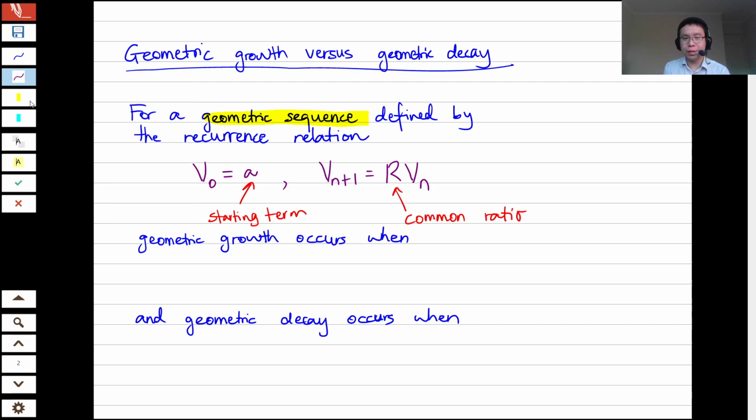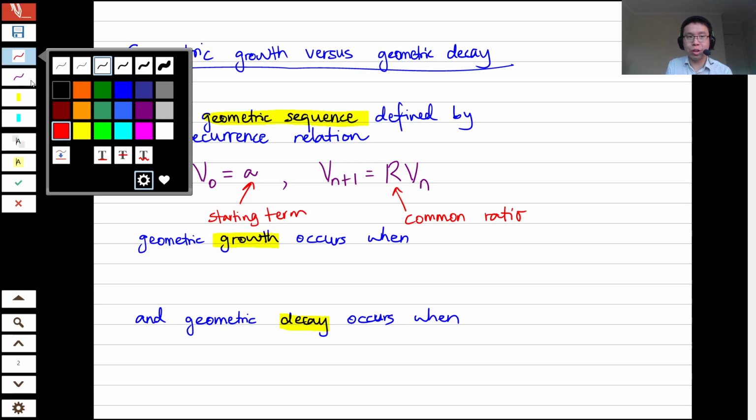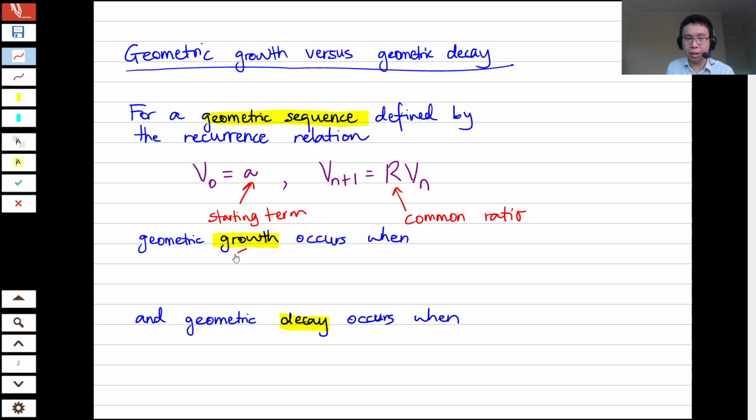So, in this exercise, we make a distinction between different kinds of geometric sequences. Sometimes the numbers go up, and sometimes the numbers go down. So we're going to use the word growth to mean the numbers go up, and decay to mean the numbers go down.